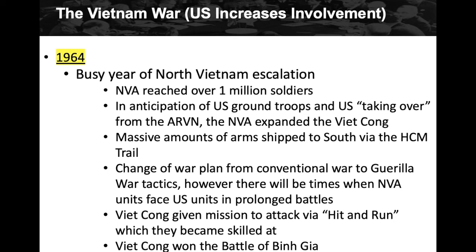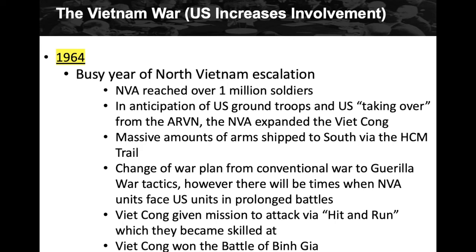There was a change of the war plan from conventional war to guerrilla war tactics. So now instead of just the NVA army attacking somewhere, it's going to be more of a guerrilla warfare, hit and run type tactics. However, there will be times when the NVA units and the United States units have a prolonged battle.